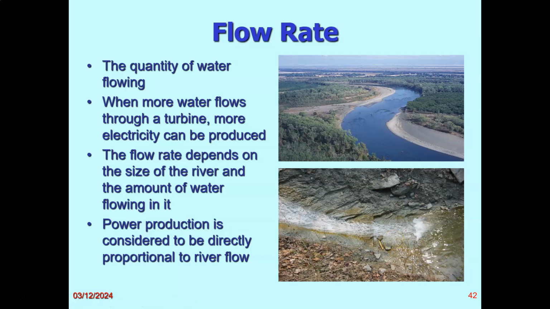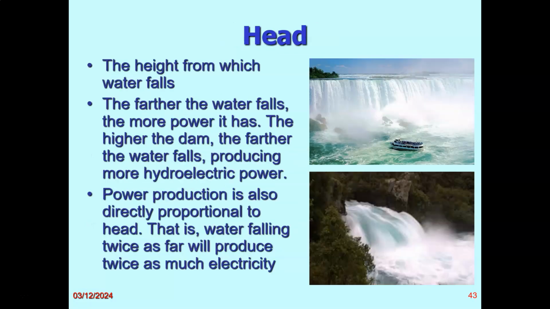So the flow rate depends on the size of the river and the amount of water flowing in it. So the power production can be considered directly proportional to the river flow. This is one factor which rules the produced energy.